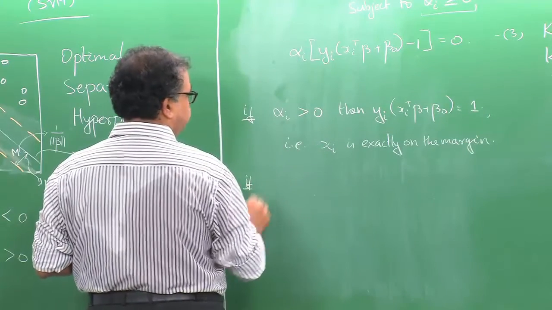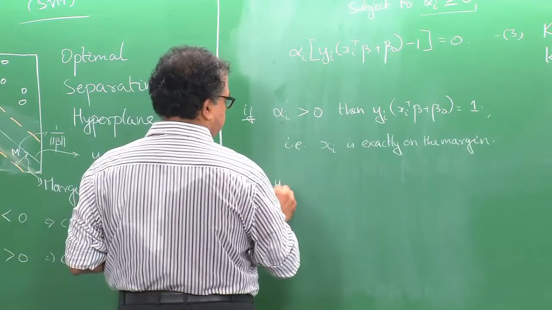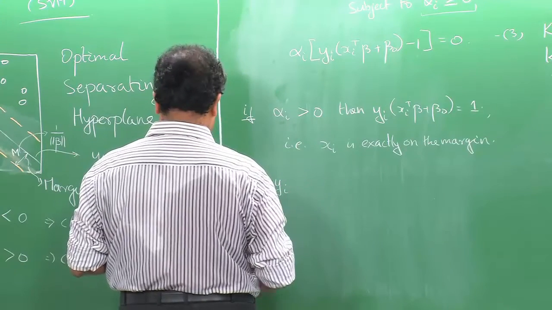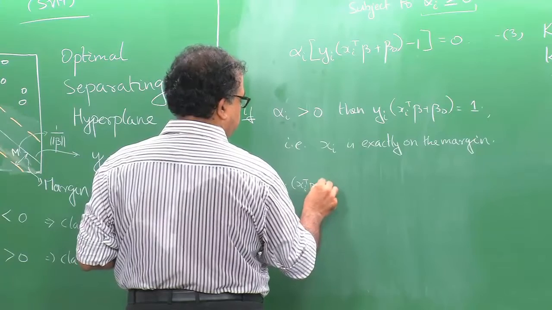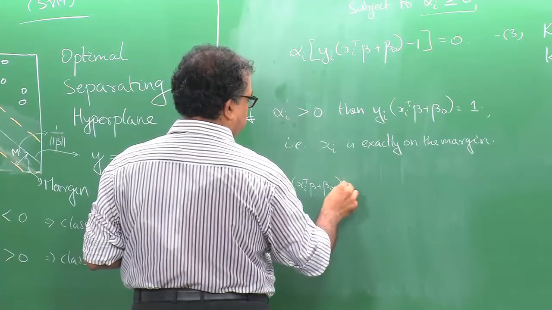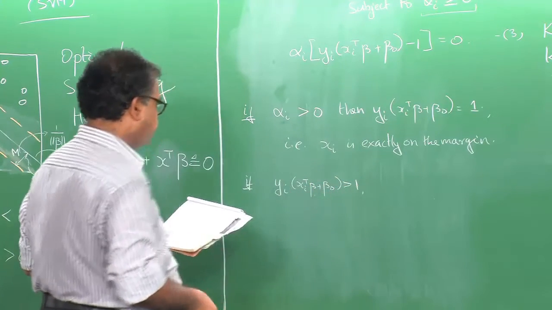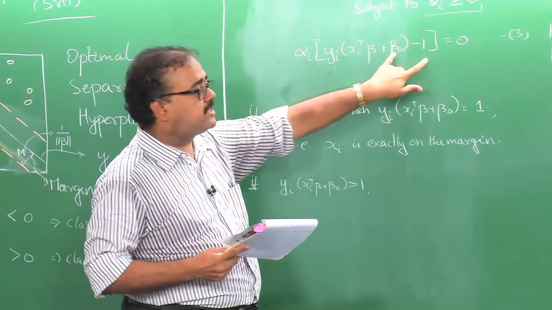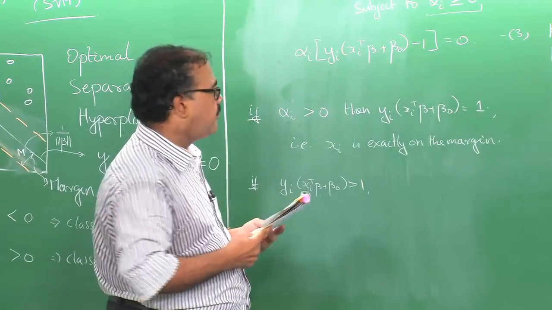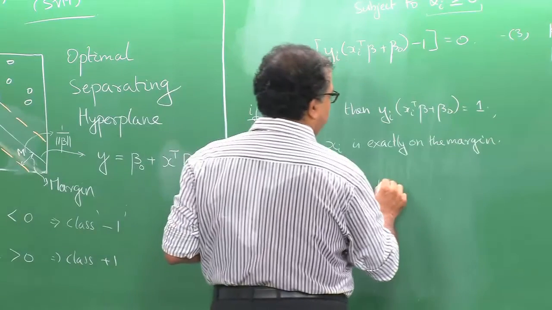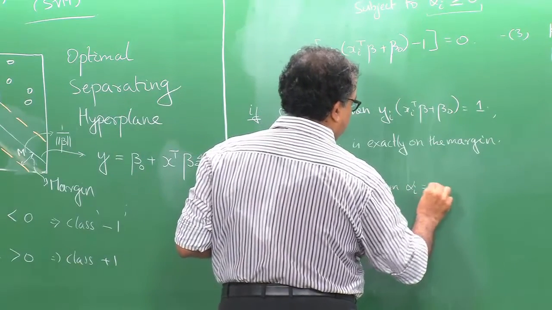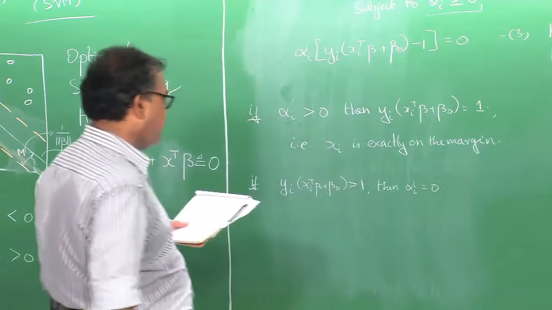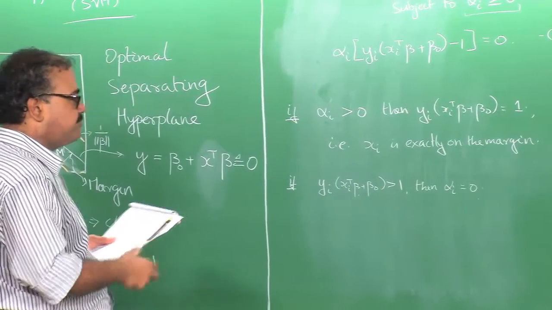Likewise, if the quantity in the square bracket is greater than 1, then alpha i has to be 0.